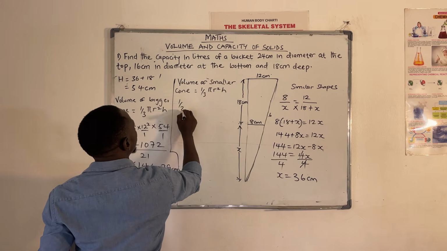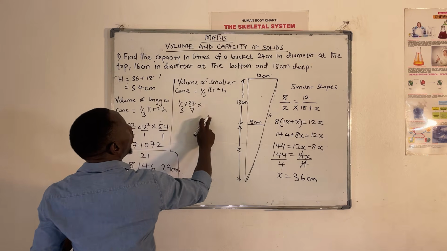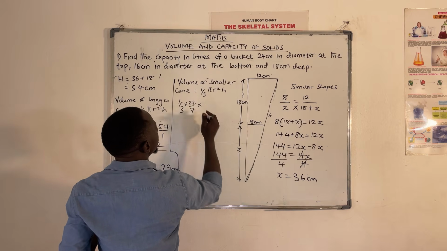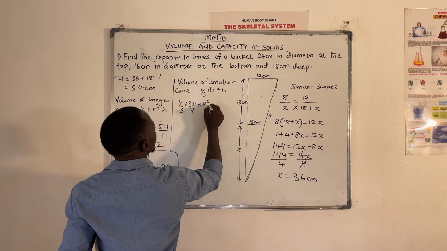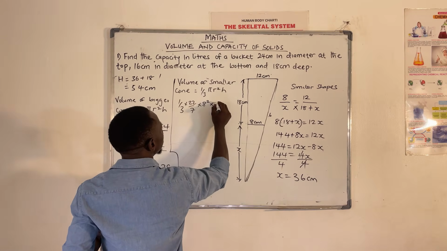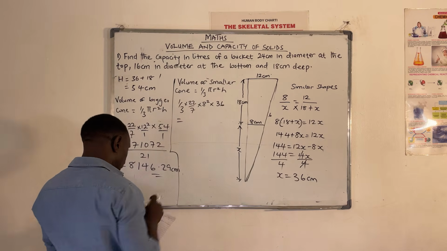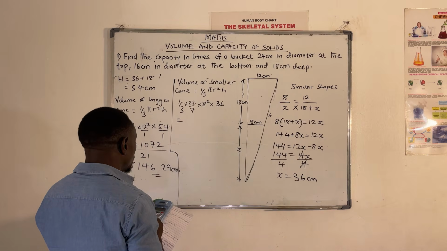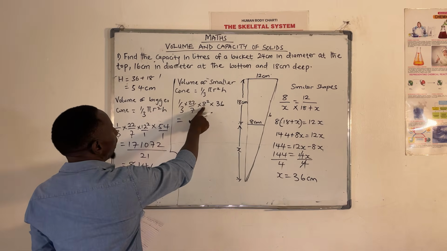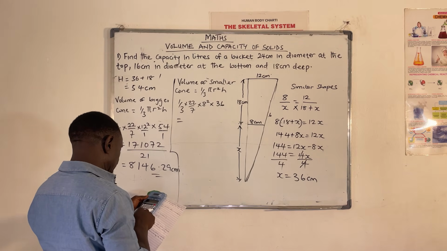So you have 1 over 3 times 22 over 7 times your radius, which is 8 square, times the height. The height is now what we got initially, which is 36. So here, if you now use your calculator, you have 22 times, 8 square is 64, times 64 times 36.